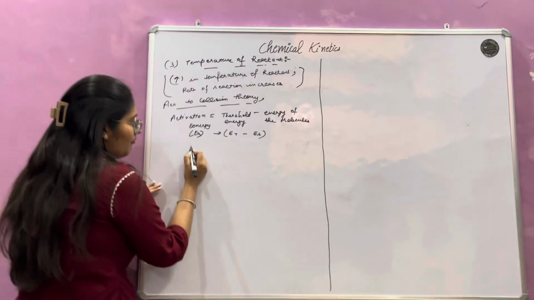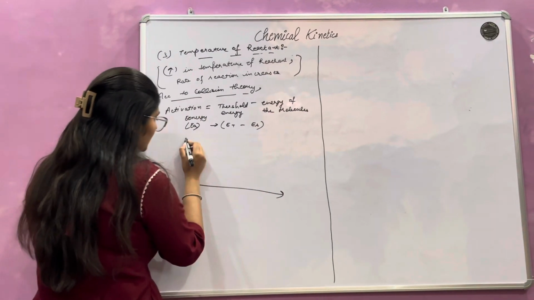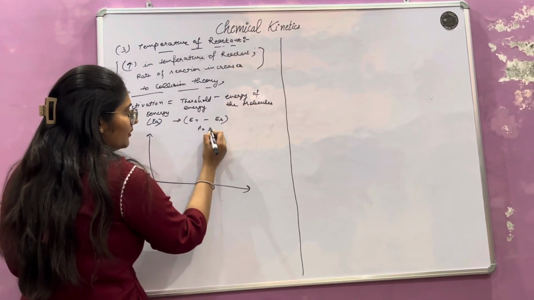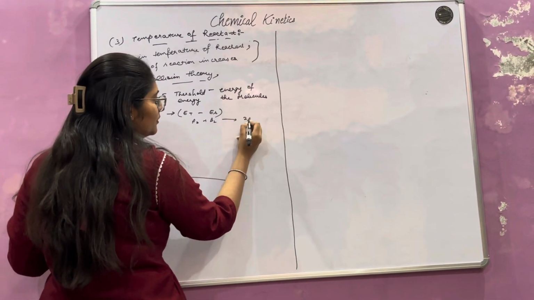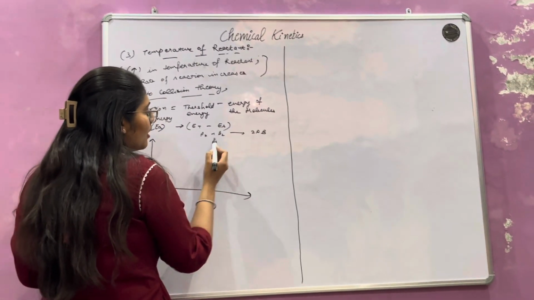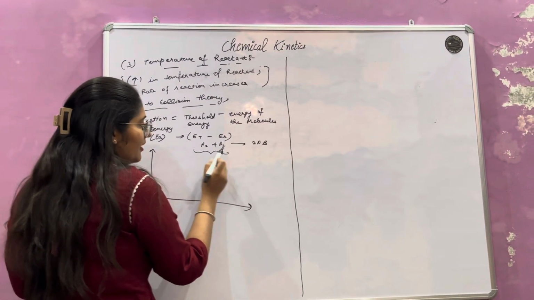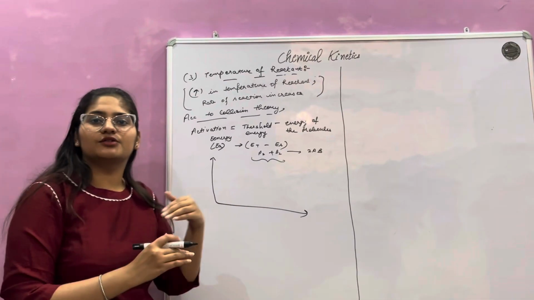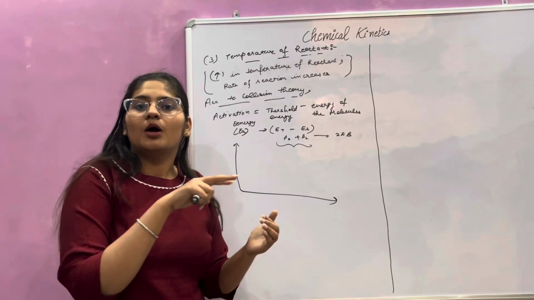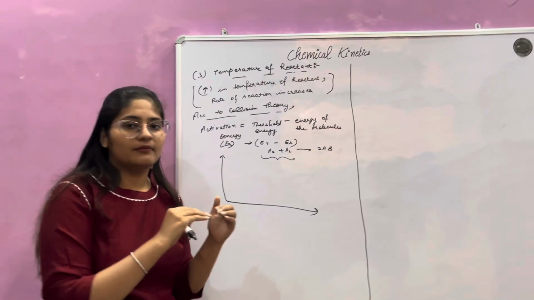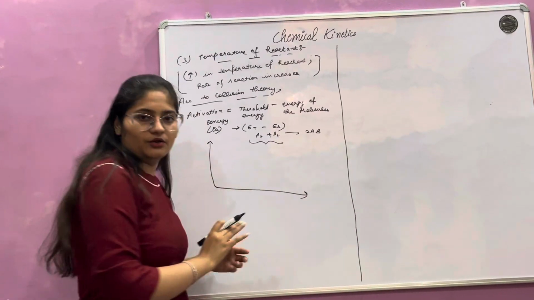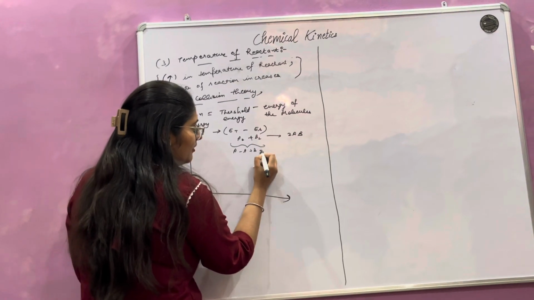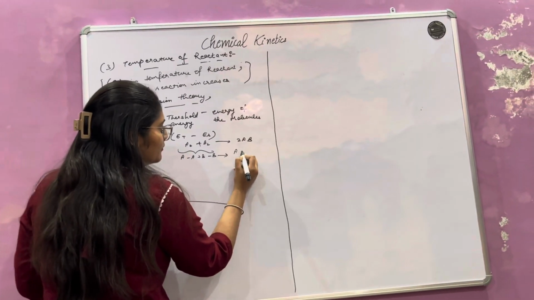Simply, suppose there is a reaction in which A2 plus B2 gives 2AB. When reactant molecules react, there will be a formation of an activated complex which has a short lifespan.